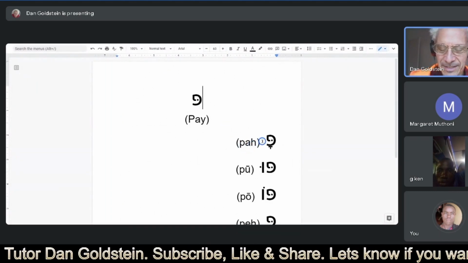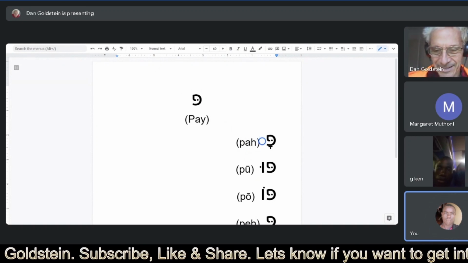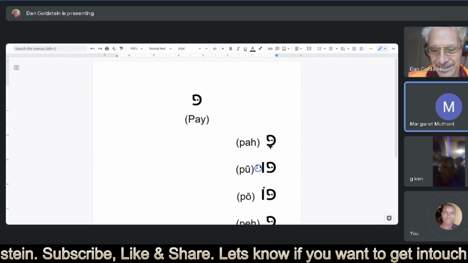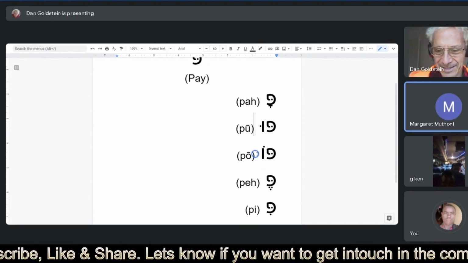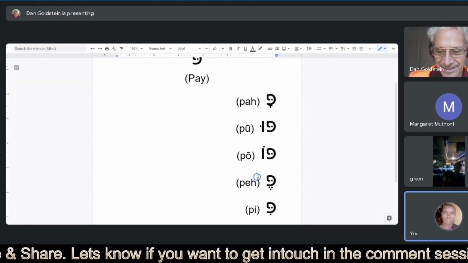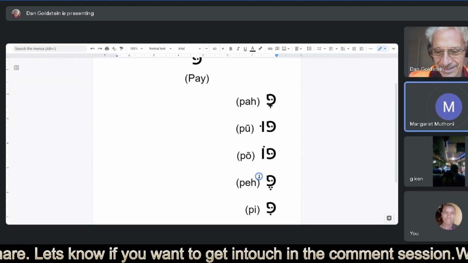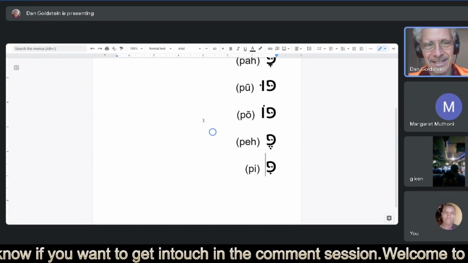Kindly pronounce for us the vowels under the pay. Pa. Pu. Po. Pe. Pi. Nice.